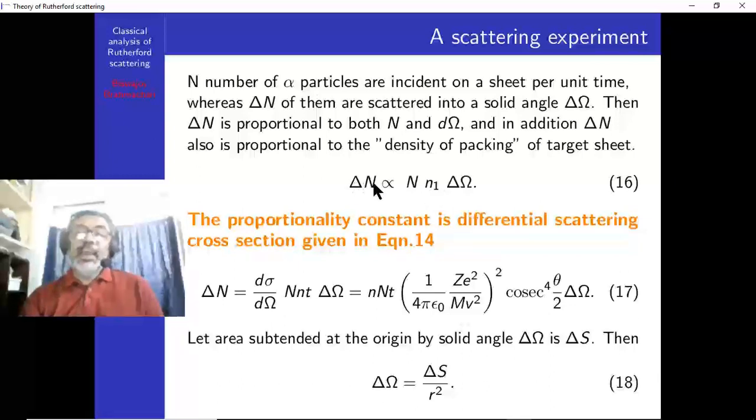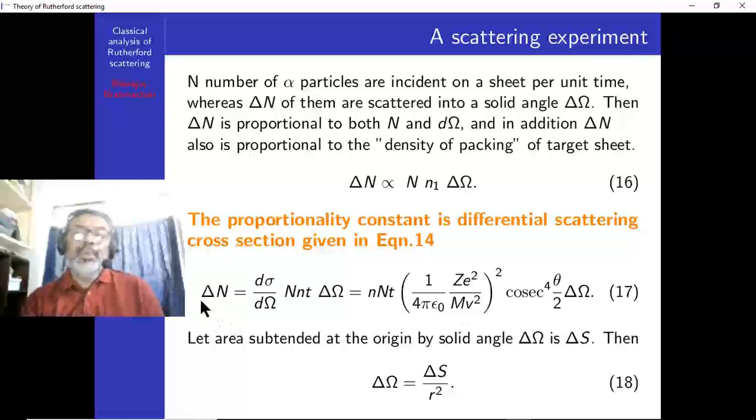That means Δn is proportional to N, then nt, then dΩ, that is the differential solid angle. This is a proportionality, and the proportionality constant is the differential scattering cross section. That is how we have defined the differential scattering cross section. Then instead of writing a proportionality, we can now write an equality.